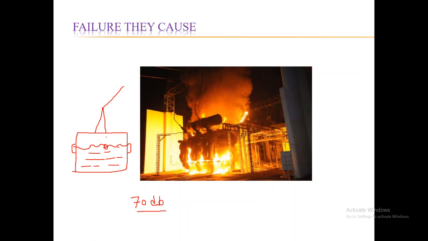Based on the frequencies, one can identify whether there is a loose coupling in the clamping structure of the transformer core, or there may be an insulation failure or anything. That can be done by this acoustic emission method.